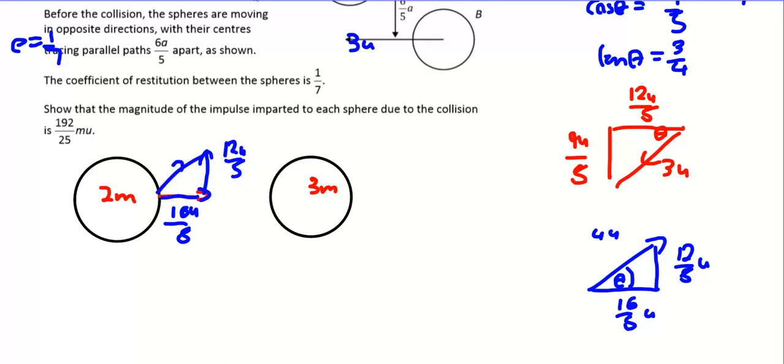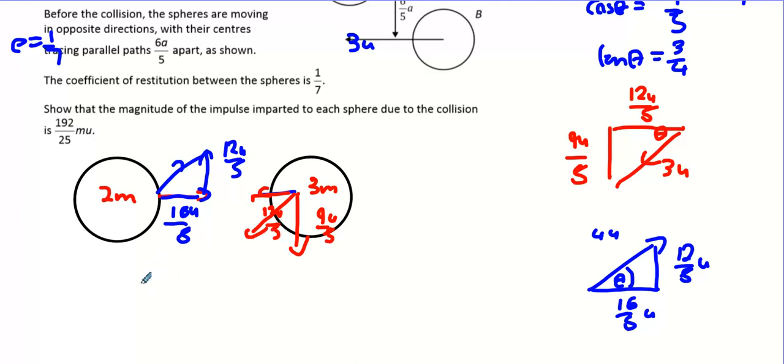While the other one is going to the left at 12u over 5 and is also going down, at 9u over 5, which means overall it's going downwards like that.